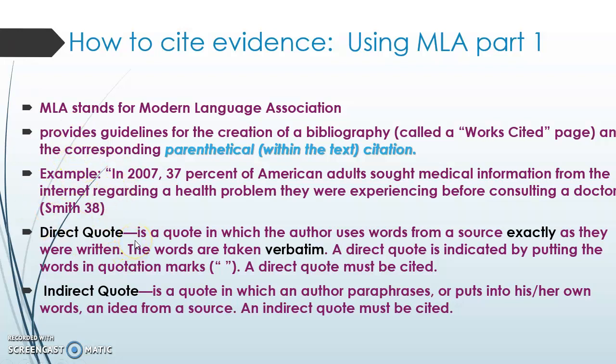So this is what we're going to practice this week in our writing. We're going to practice with direct quotes and an indirect quote. An indirect quote is a paraphrase.